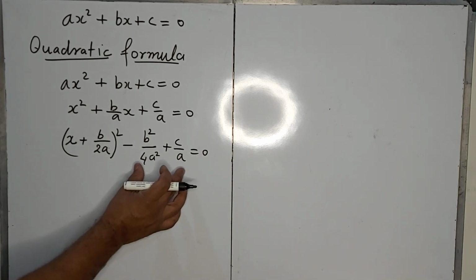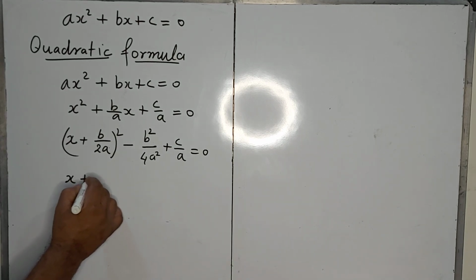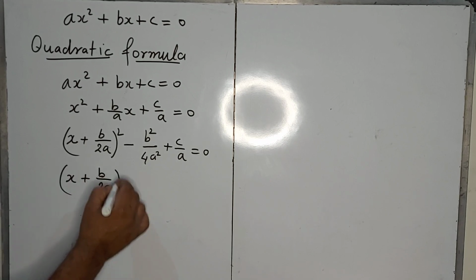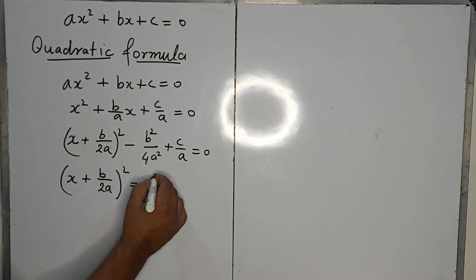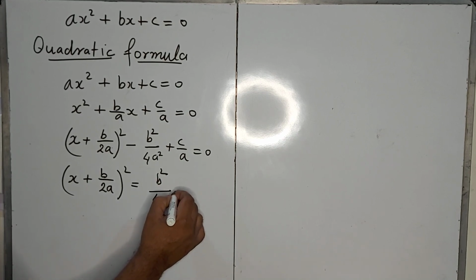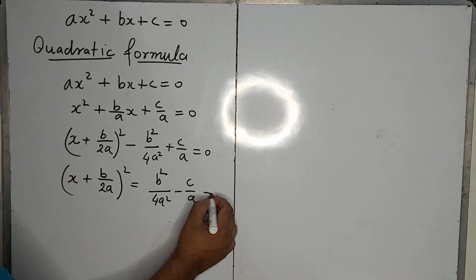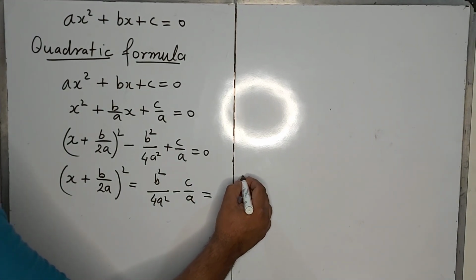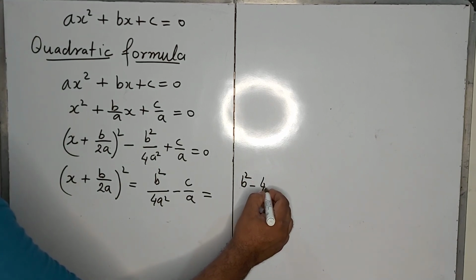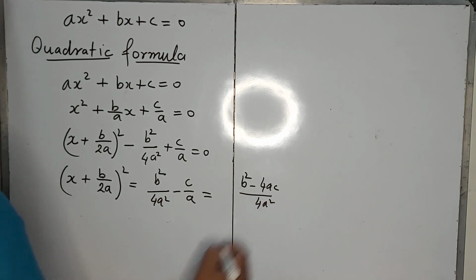We take these two terms to the right side: x plus b upon 2a whole square equal to b square upon 4a square minus c upon a. Taking LCM, b square minus 4ac divided by 4a square.